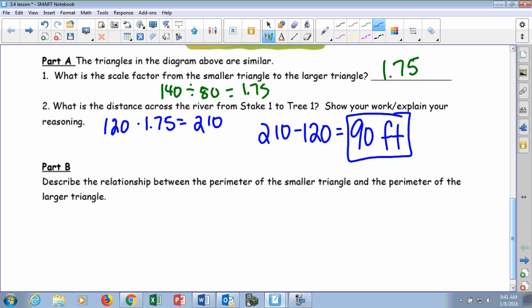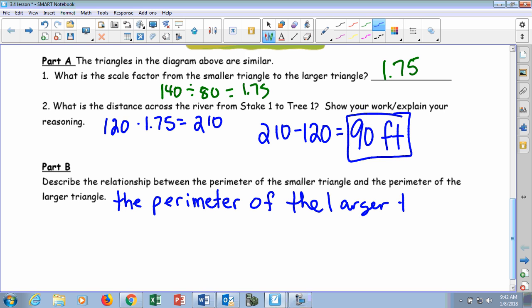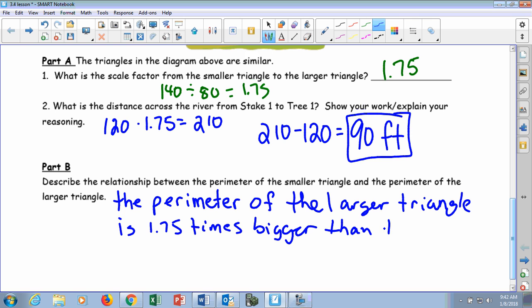Compared to the smaller triangle, the perimeter of the larger triangle should be how many times bigger? 1.75 times bigger. So the perimeter of the larger triangle is 1.75 times bigger than the perimeter of the smaller triangle.